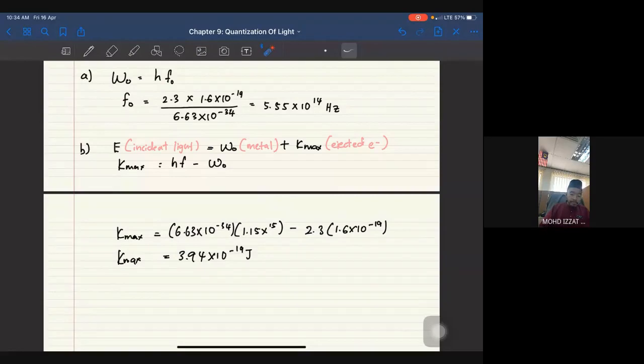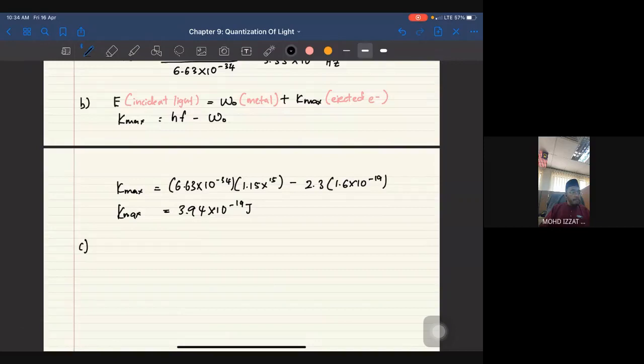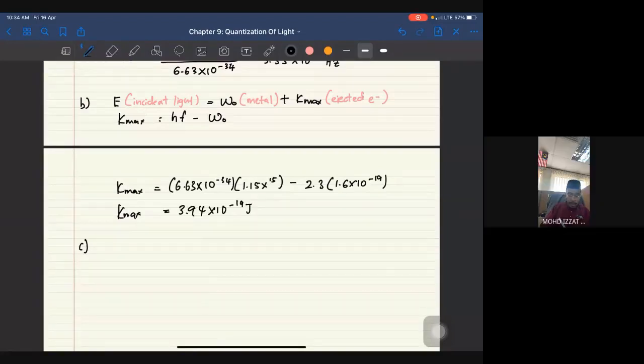Okay, C. The stopping potential of the electron. So the last question, what do they want you to find? Stopping potential, what is its symbol? Okay, Kmax equals eVs. Okay, correct. So Kmax equals eVs.